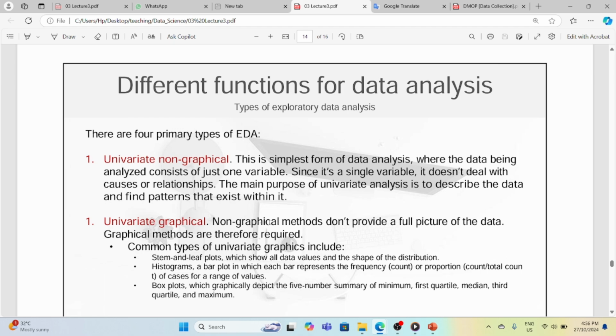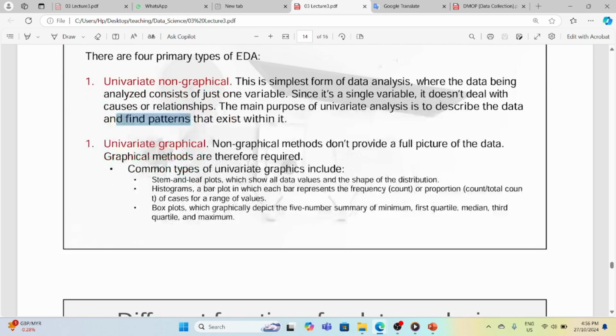The main purpose of univariate analysis is to describe the data and find patterns that exist within it. So we go through the data, which is only one variable, to find a pattern, whether it is increasing or decreasing, and the distribution of the data.